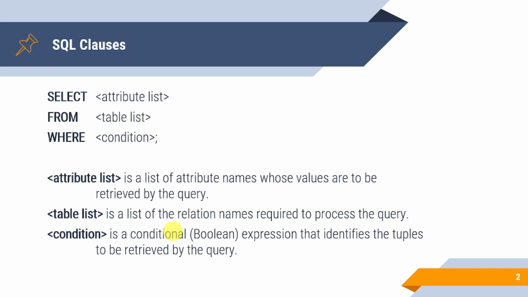So pag true yung ating condition, i-retrieve niya ngayon yung ating record. Pag false yung condition mo, hindi niya i-retrieve yung record na nandun sa ating table. I-filter niya ngayon using your condition. So it is a conditional expression that identifies the tuples to be retrieved by the query. Ano nga ba yung mga records natin?